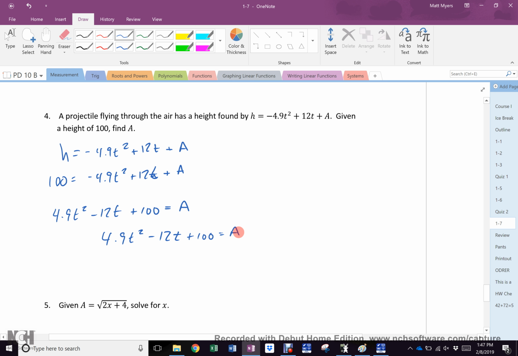What happens when you get to there? Why? You don't have a value for t. And you have one unknown and a second unknown. So you cannot solve it.